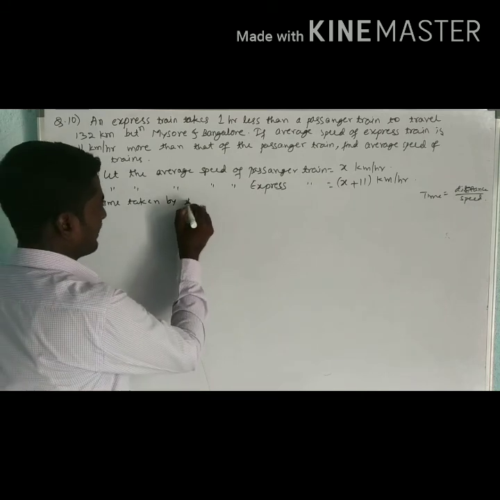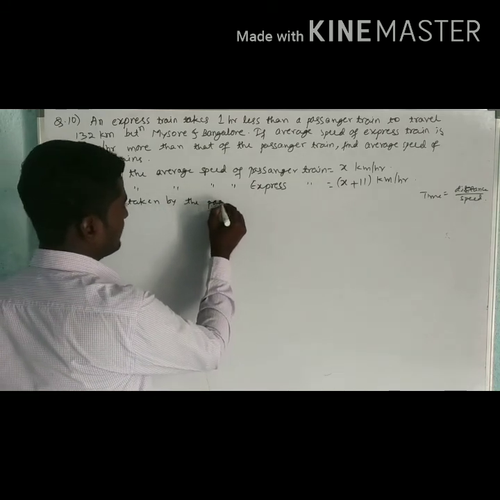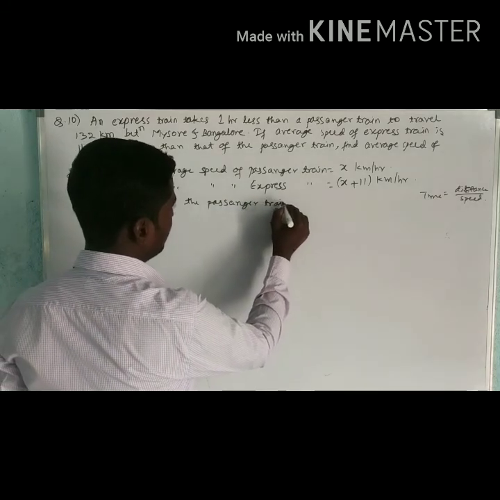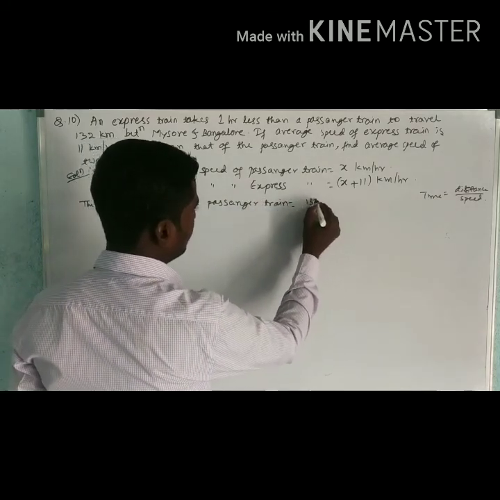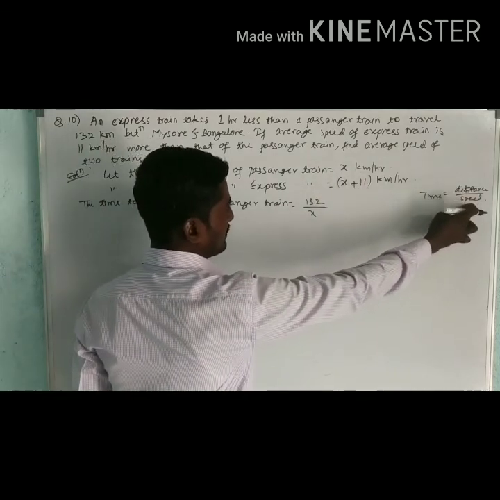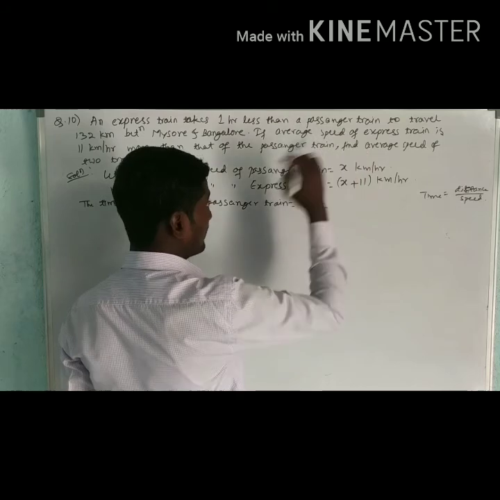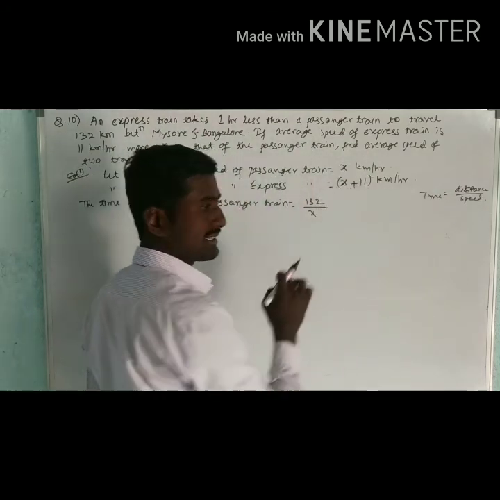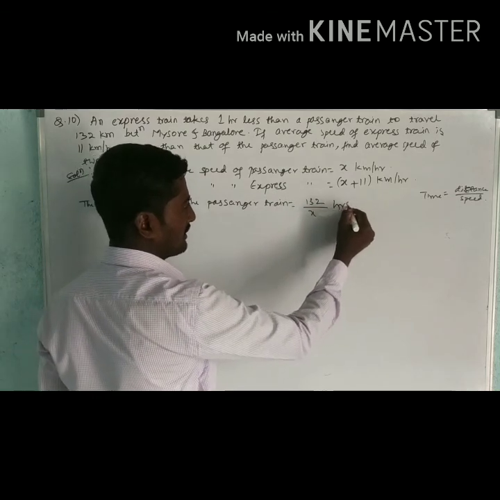I can write it as 132 divided by x. So time is equal to distance by speed. Distance I have given, 132 km. Speed I have taken as x, so 132 by x hours.